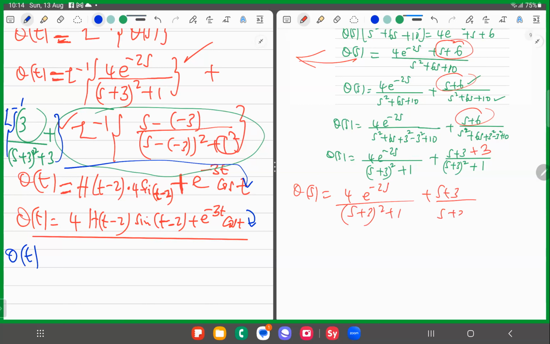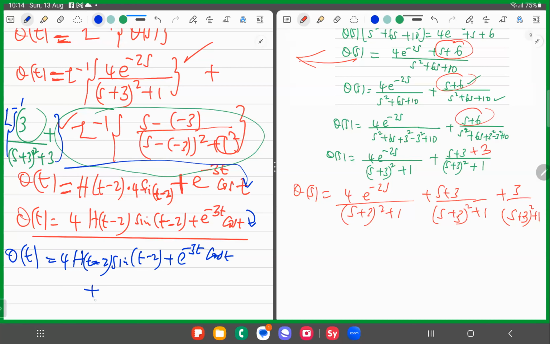You just split it up because the table will require us to have it like that. So here you would have the Heaviside step function of t minus 2, the sine of t minus 2, and then plus e to the minus 3t cosine t. And then I would like us to add this last one, the Laplace of 3 over (s plus 3) squared plus 1.